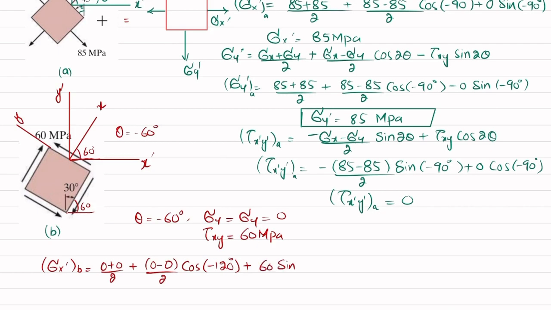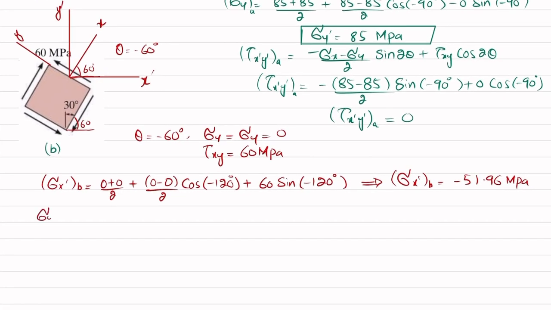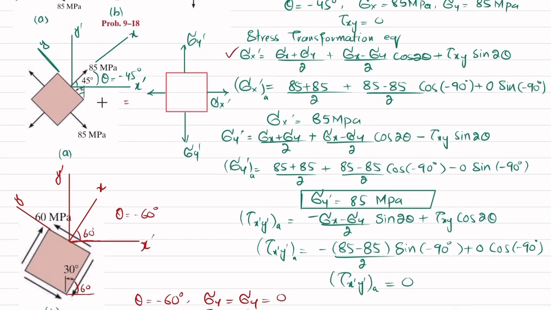So sine of minus 120 degree. When you solve this, you will get sigma x dash for case B comes out to be minus 51.96 megapascal.